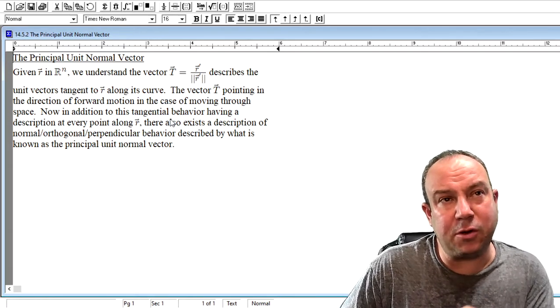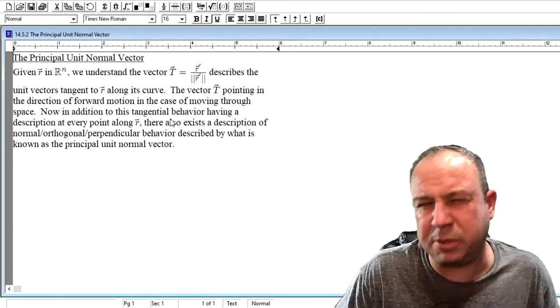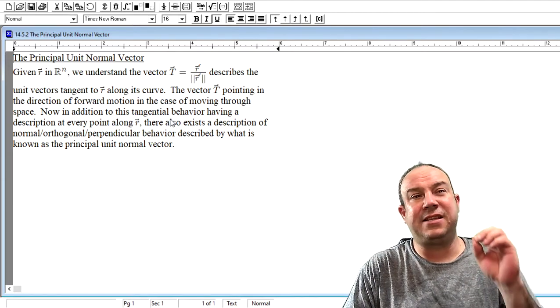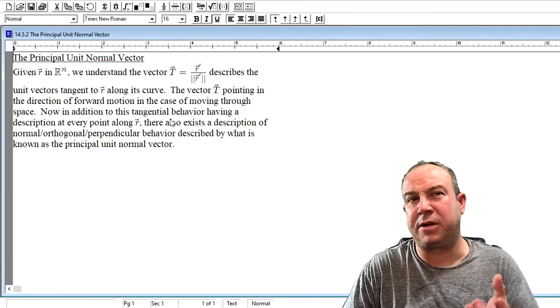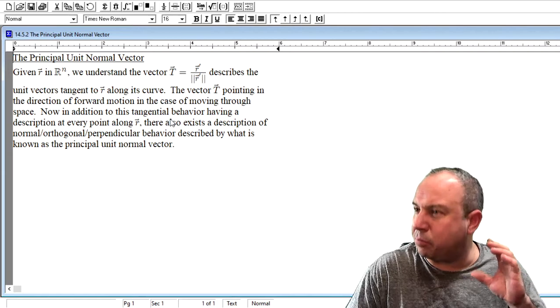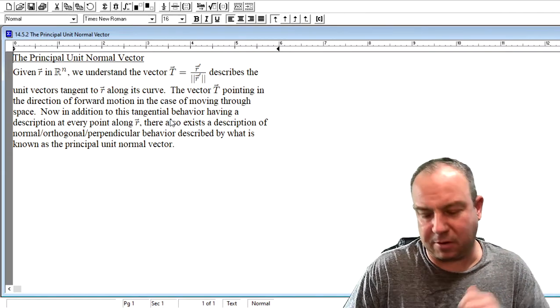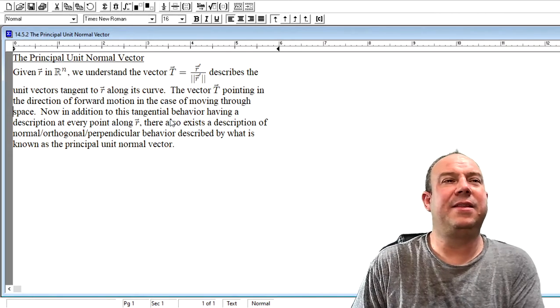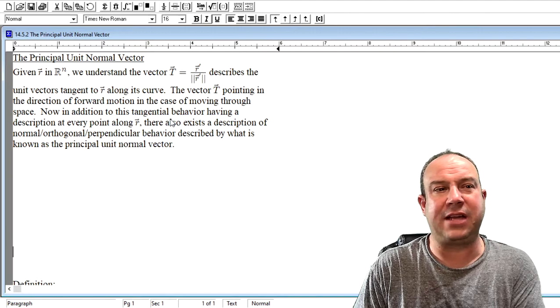But there also exists a description to go along with tangential behavior known as the description of normal, orthogonal, or what we might say is perpendicular behavior, described by what is known as the principal unit normal vector. The principal unit normal vector is given in the following definition.